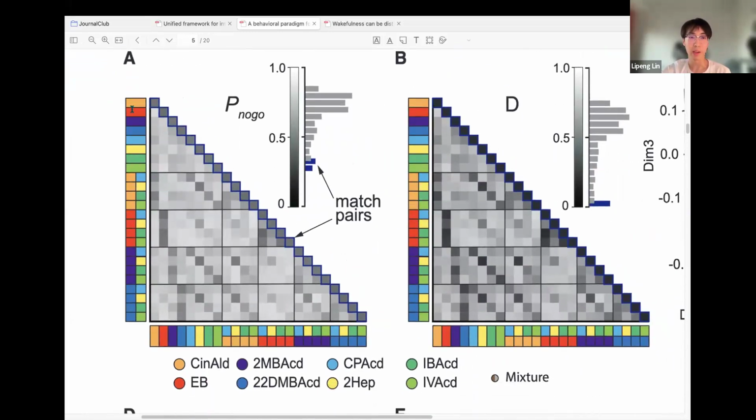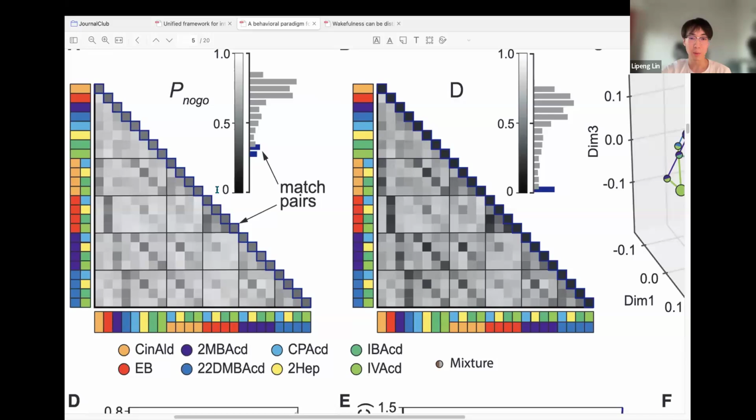On the X and the Y axis, each color indicates one stimulus or one kind of smell. Let's only focus on this lower triangle. The higher the distance, the lighter the color. So which means that the mice perceive this smell as very dissimilar.